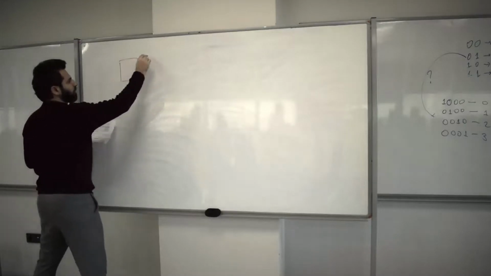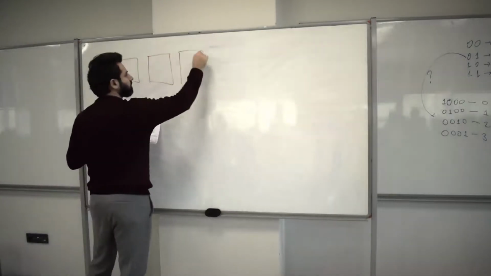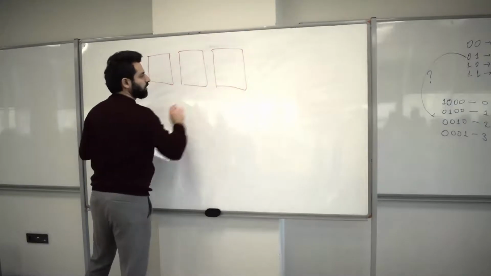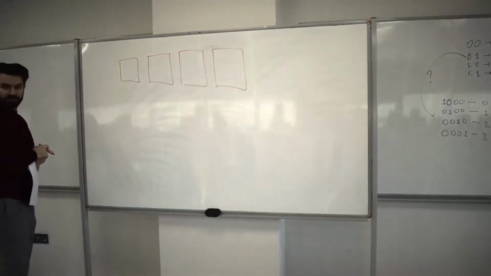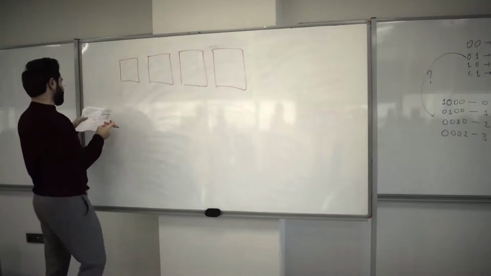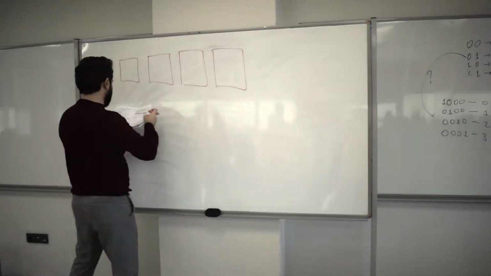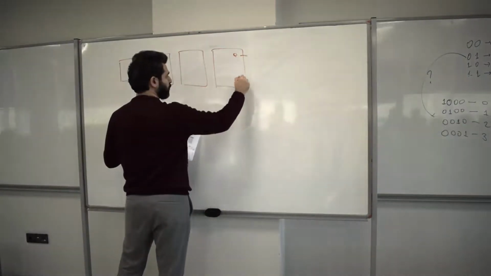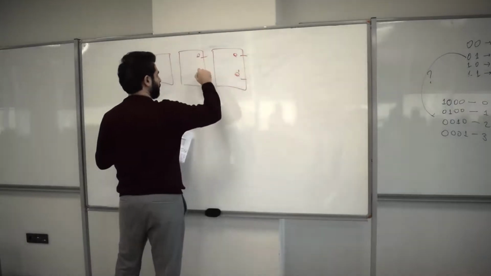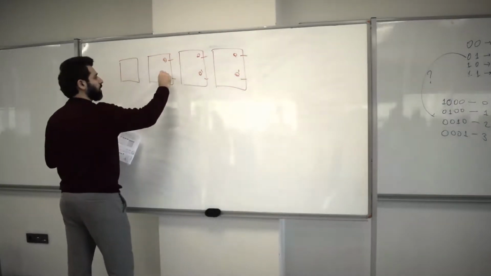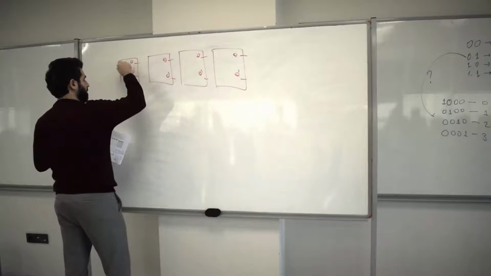This is my flip-flop. Again, 4 flip-flops. I carry on my examples with 4 flip-flops still. These are Q, Q prime, Q, Q prime, Q, Q prime, Q, Q prime.